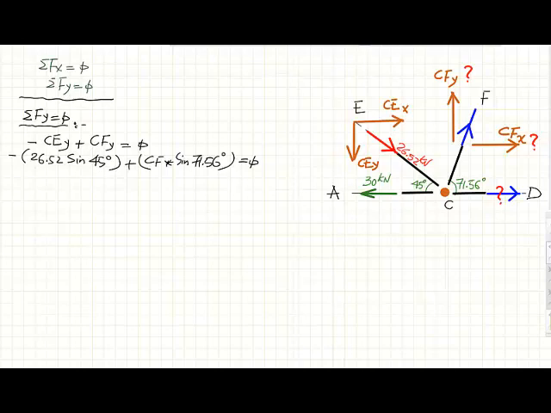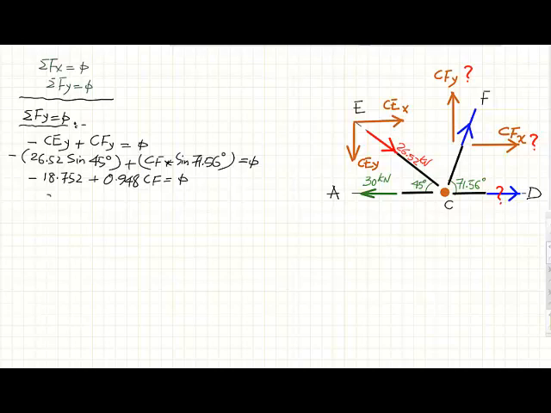So the minus 26.52 sine 45 will become minus 18.752, plus 0.9482 CF is equal to 0.